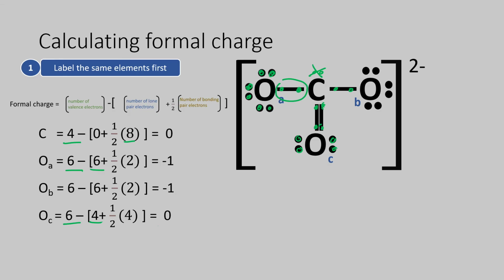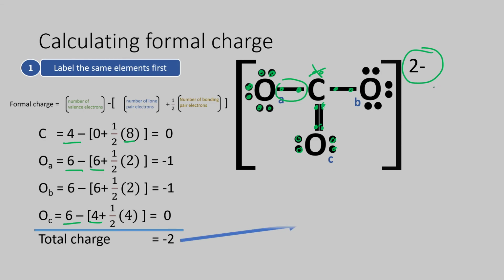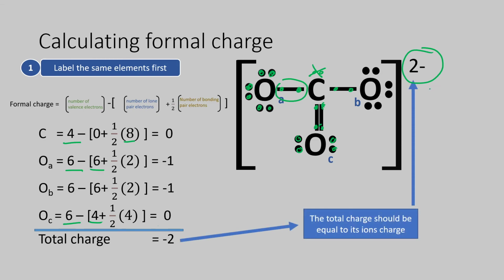One thing for you to know that your calculation for the formal charge is correct: the total charge. Okay, add 0, add minus 1, add minus 1, add 0, is equivalent to the total ion charge. Okay, this molecule's charge should be the same in total. Okay, so that is formal charge.